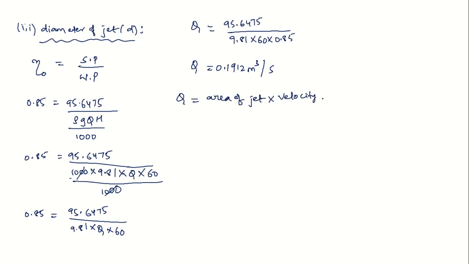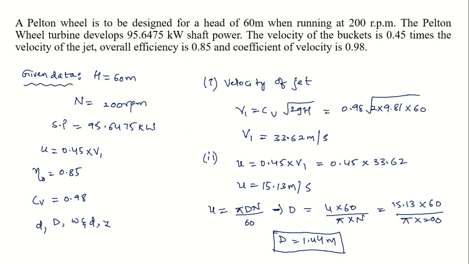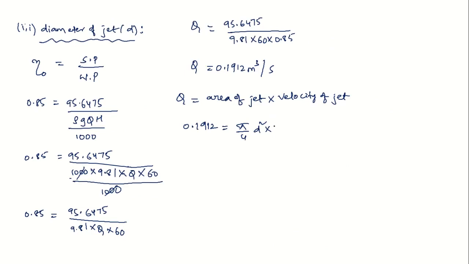Area into velocity. So now our Q is equal to 0.1912 equal to, this is pi by 4 of d square into the velocity of jet v1, 33.62.